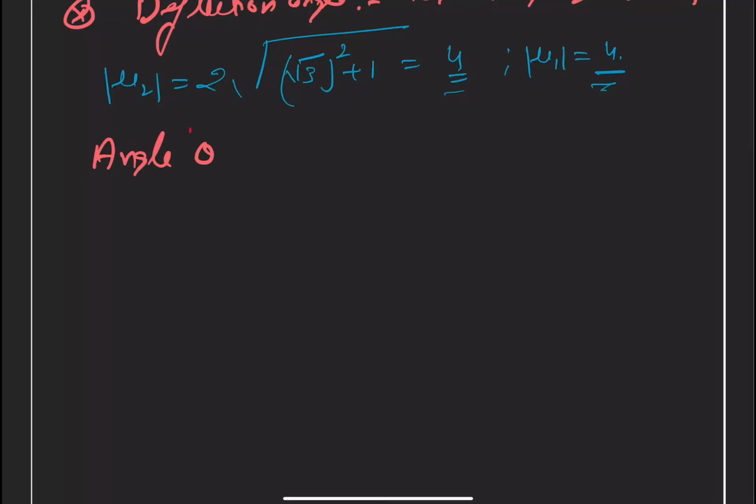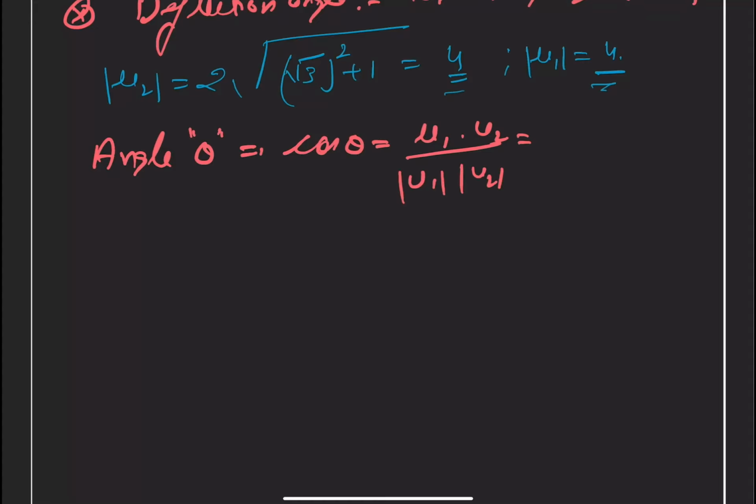So we can say angle theta, and write cos theta is equal to U1 dot U2 divided by the magnitudes of U1 and U2.